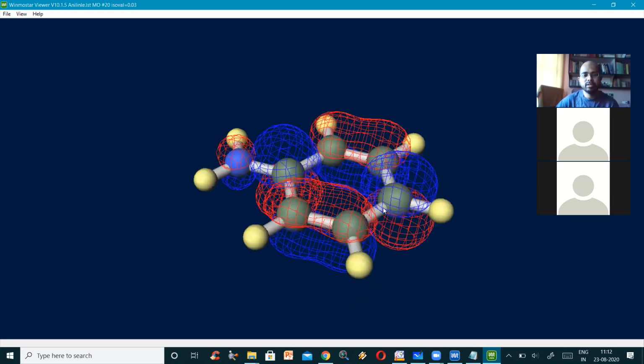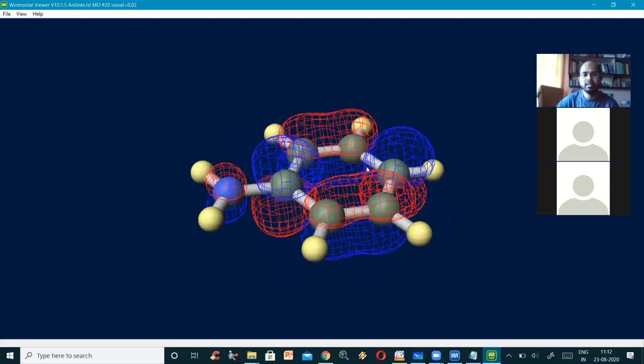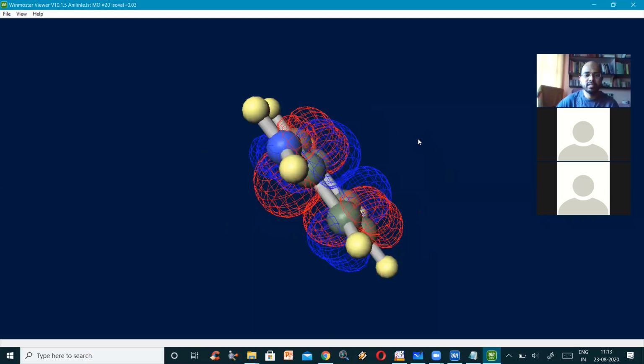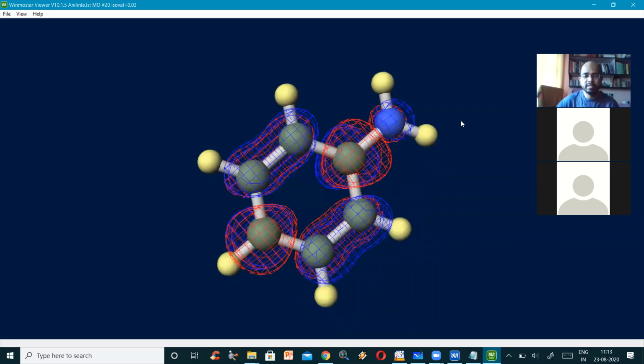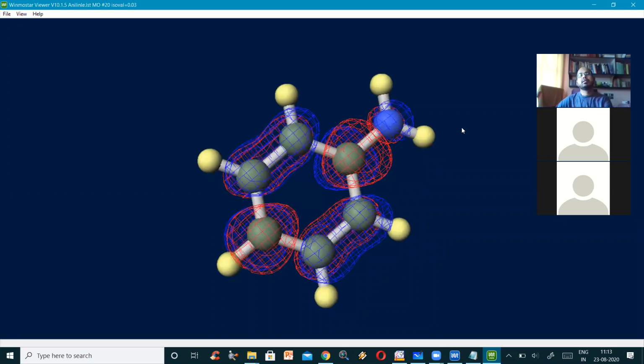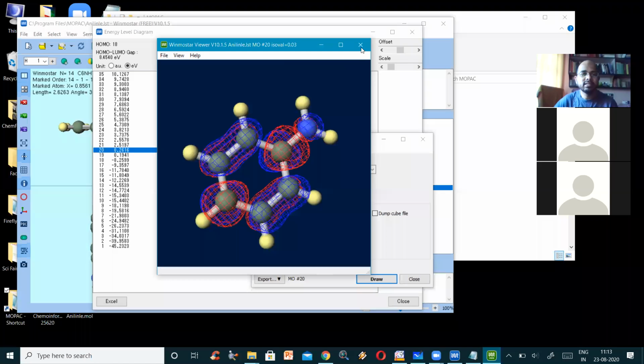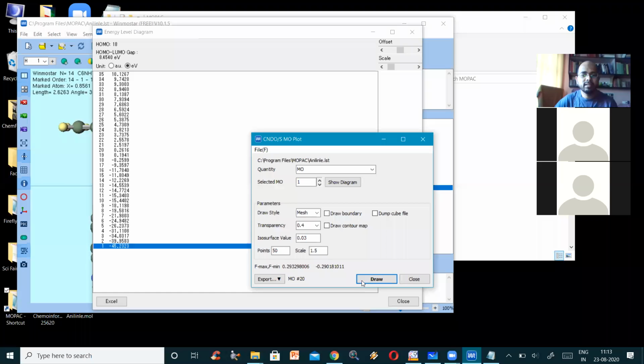It has both plus and minus character. Every orbital has both plus and minus character. There are no orbitals on the hydrogen atoms, only on the nitrogen and carbon atoms. So just by looking at that, you can try to visualize the reactivity of the molecule.